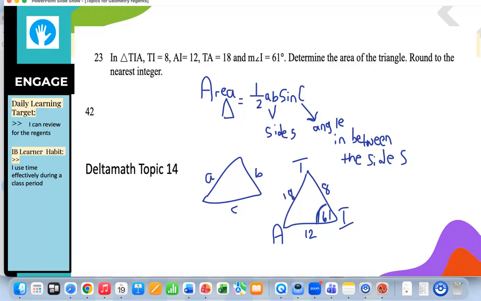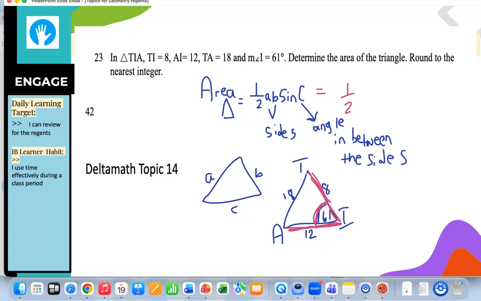But we know that angle I is 61, and the sides that create that angle are TI and AI. So these two lines form this angle. So as a result, that's what's going to go inside of our formula.